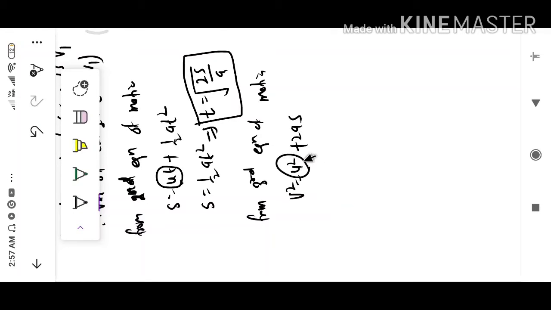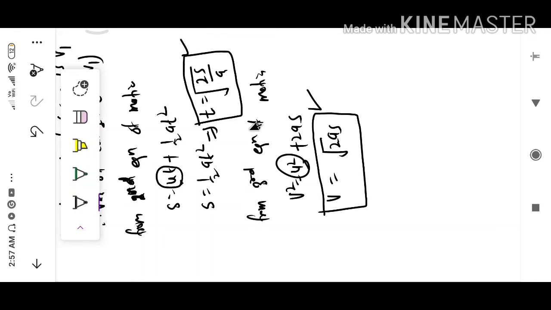Therefore u is 0 because we start from rest, so v is equal to root 2as. Students, these two equations we have to use. This equation we have to write for car A and car B, and even this velocity equation we have to write for car A and car B.